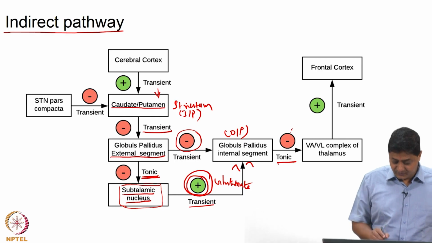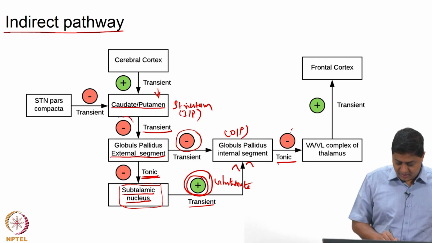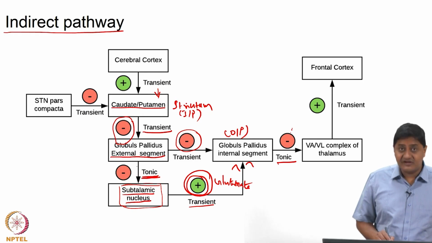Essentially, that causes an inhibition of the globus pallidus external, and that means the level of inhibition provided by the globus pallidus external segment to the subthalamic nucleus here reduces.